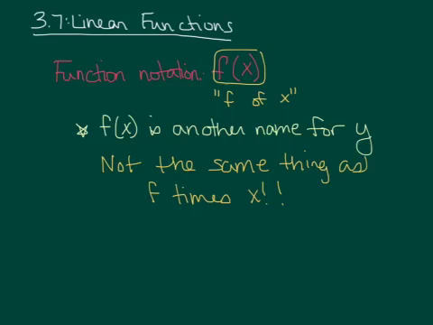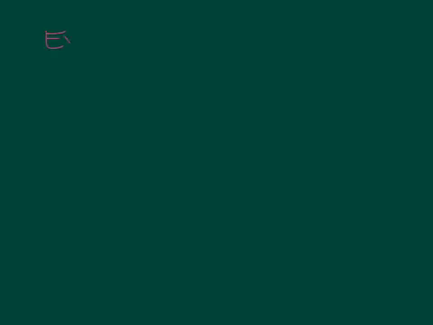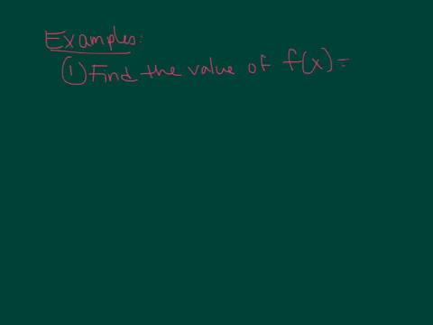So I'm going to give you some examples to start with. For our first set of examples, I am going to ask you to find the value of f of x equals 2x minus 10 when we're going to have three problems.